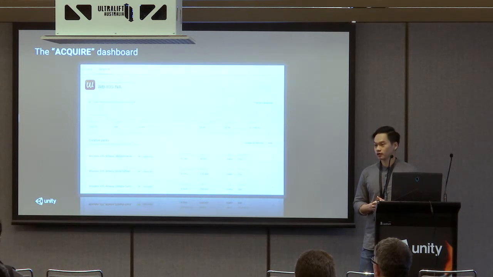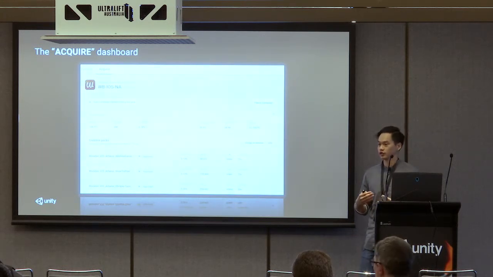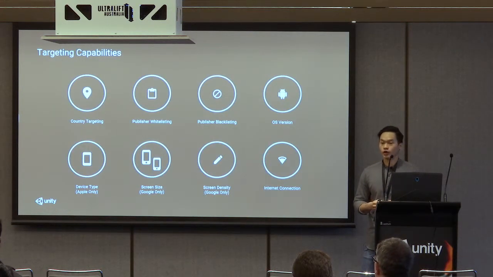What we did, we made the workflows much easier, much smarter. We did a bunch of features that allow you to do bulk edits. And also, it's much easier to look at and track certain things that you want within the dashboard itself. We also expanded our targeting capabilities.